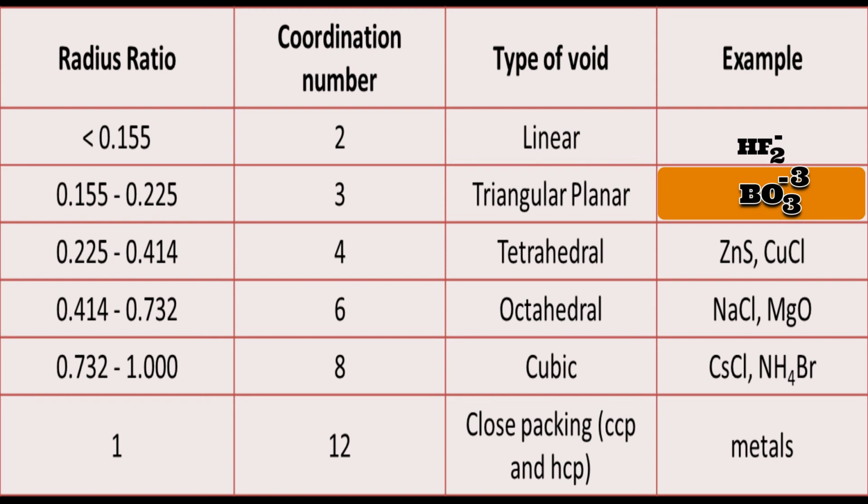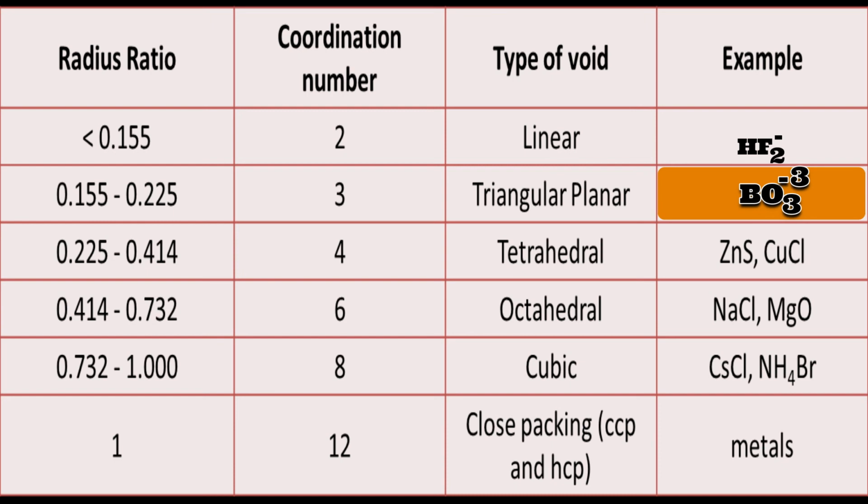Now, let us discuss one example from the next line. Let me consider zinc sulfide. There, two ions are there, one Zn plus 2 and the other S minus 2. The size of Zn plus 2 is 74 picometer and the size of the sulfide ion is 190 picometer.